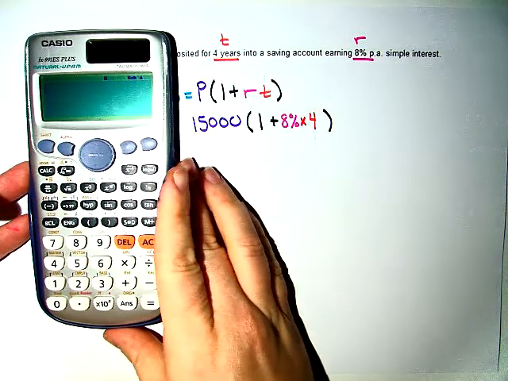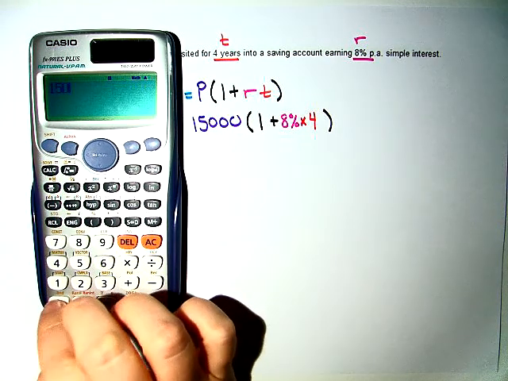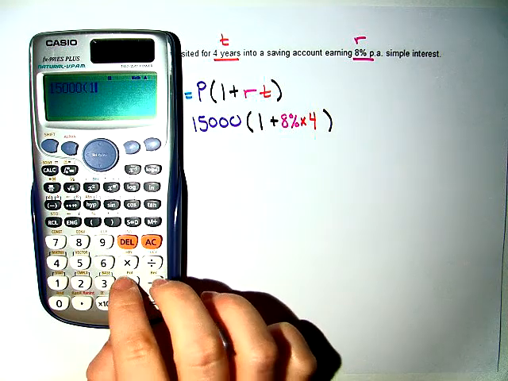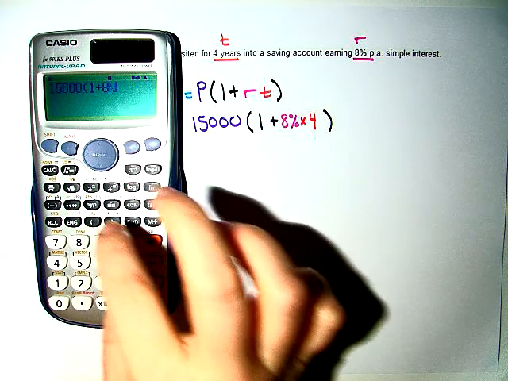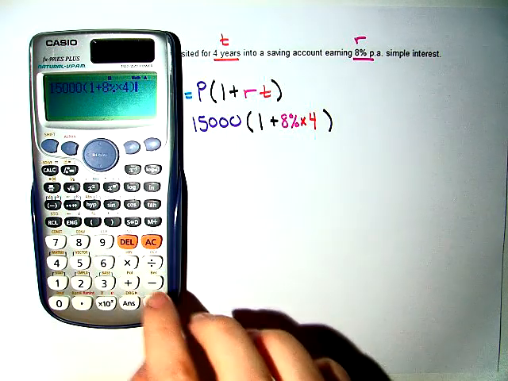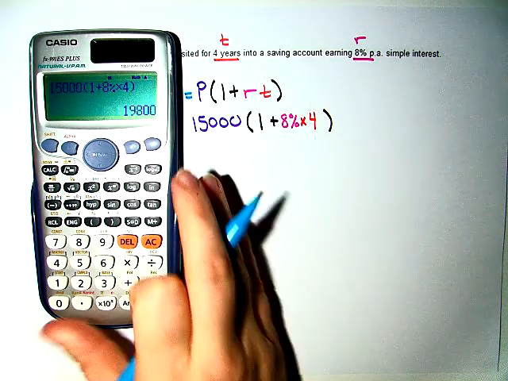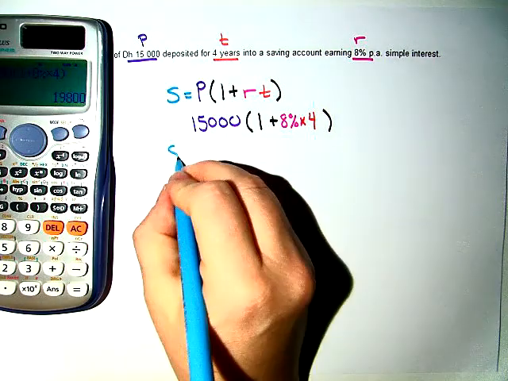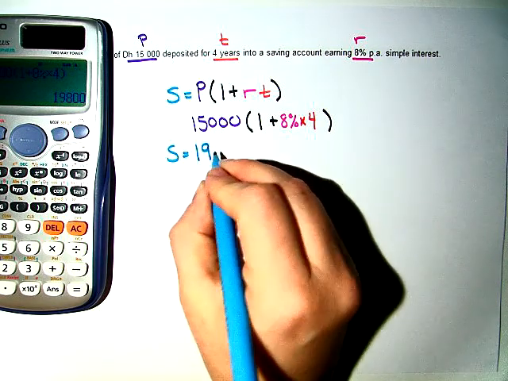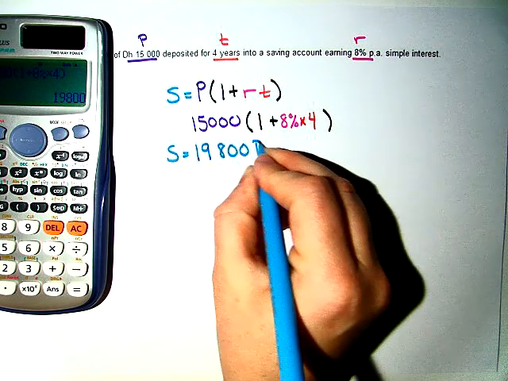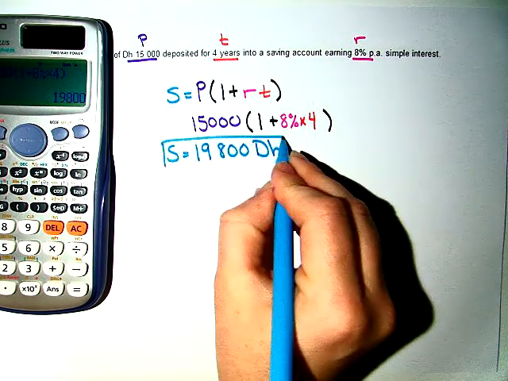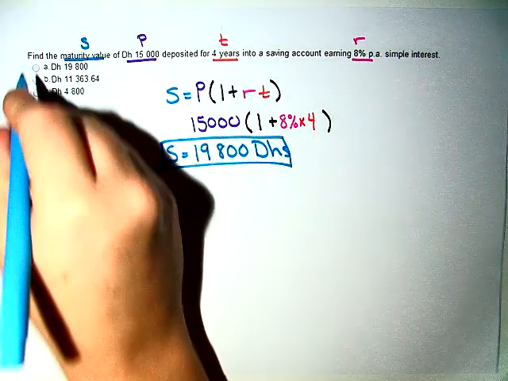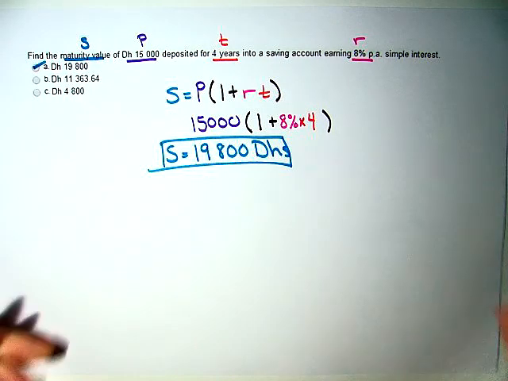Okay. So 15,000, open parentheses, 1 plus 8% times 4 gives me a full amount of 19,800 dirhams. So if we look here, that would be choice A.